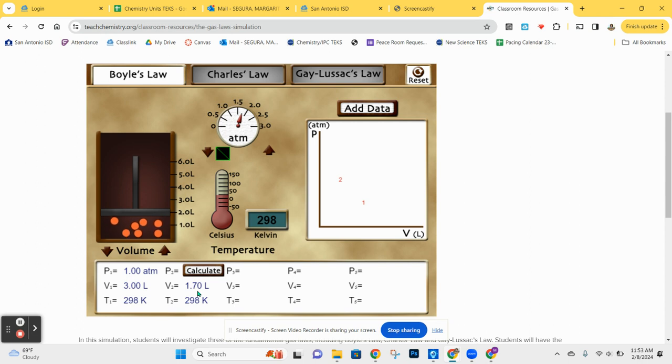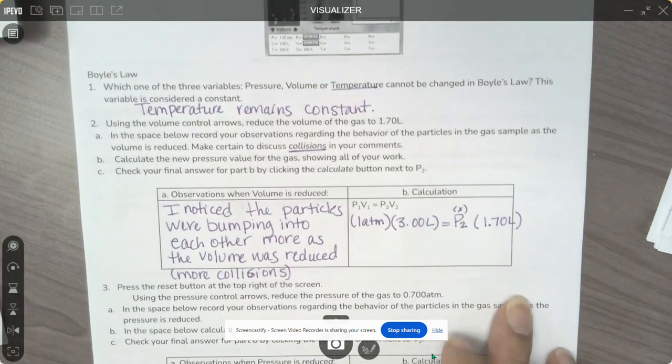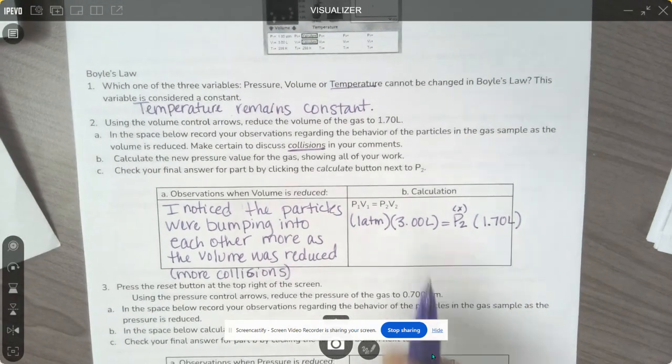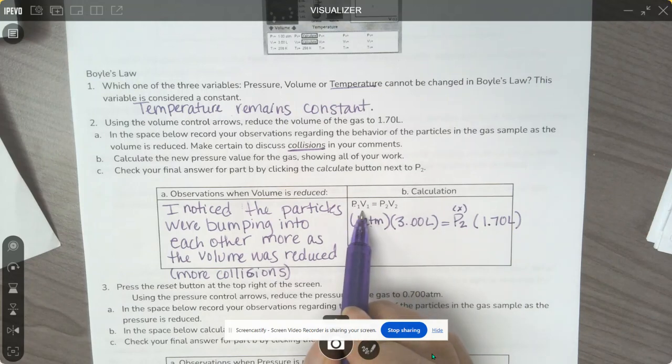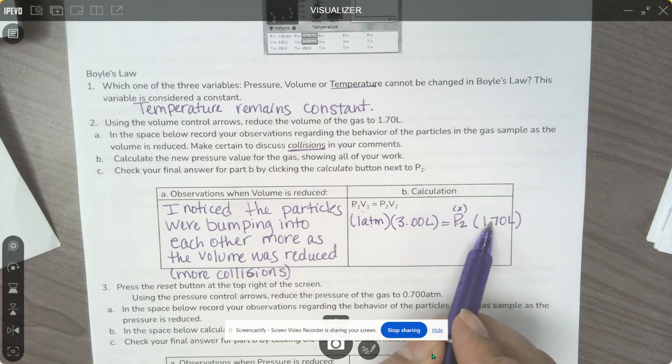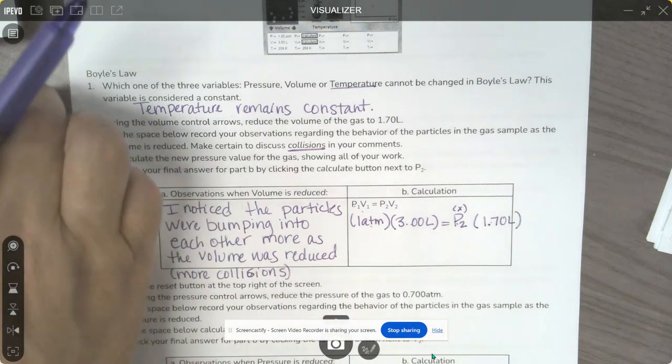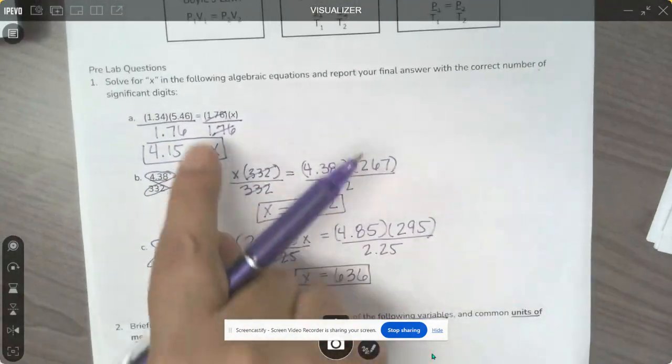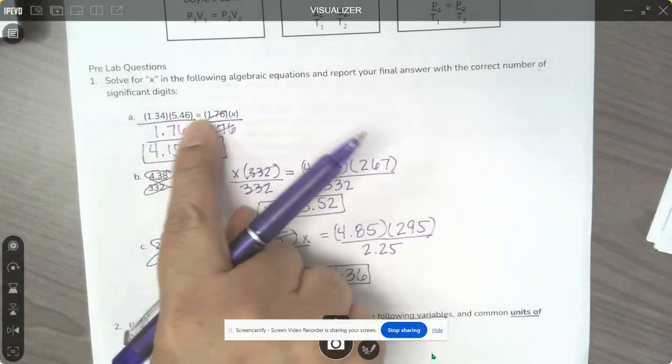So if you look at this equation here, this is what I have written down so far, guys. 1 ATM for P1, 3 liters for V1, P2 is our unknown, and 1.70 is our new volume that we reduced it to. So if you'll look at this paper here, it looks kind of like this, right?